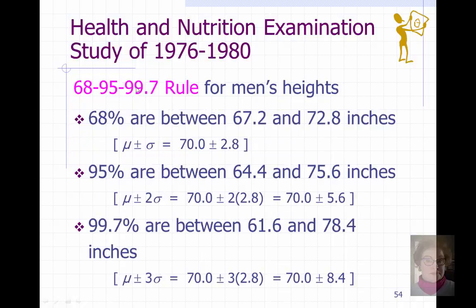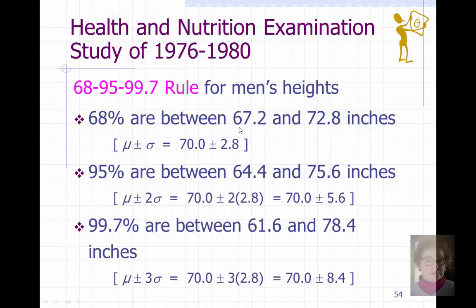So we look at our empirical rule, which is also known as the 68-95-99.7 rule, and we know that 68% of men between 18 and 24 are between 67.2 inches and 72.8 inches.